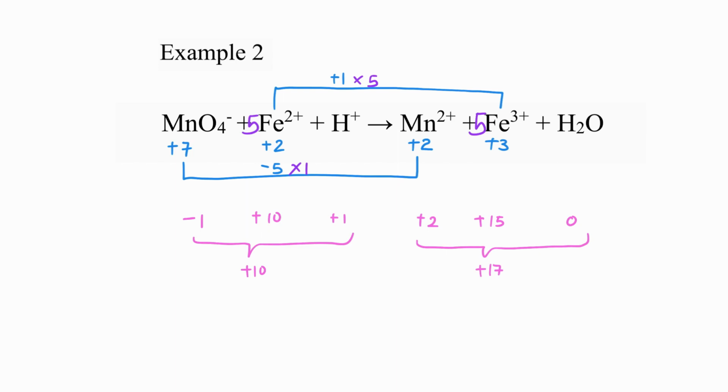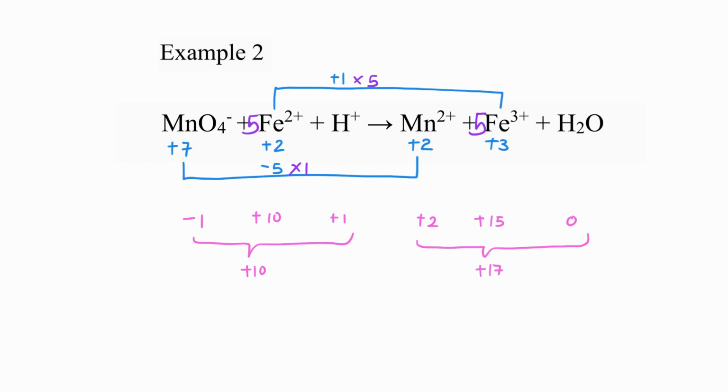So in order to balance off the charge, normally we will focus on ions which are with only one atom, like H+ or Mn2+. So then here we have more positive on the right than the left. So therefore here we need to balance off the positive charge on the left hand side. So we could actually focus on H+ ion.